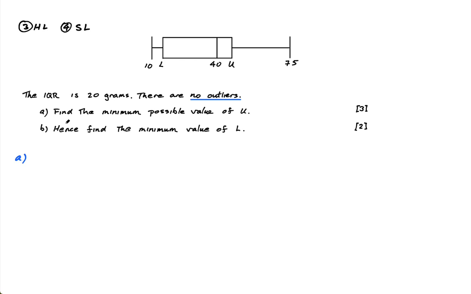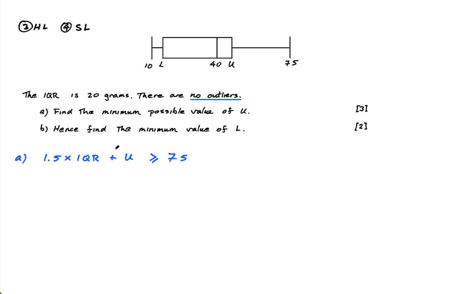is considered an outlier. So if I do 1.5 times the interquartile range plus U, this has to be, well, if there are no outliers, 75 has to be less than or equal to this, because this is the boundary for the outlier.